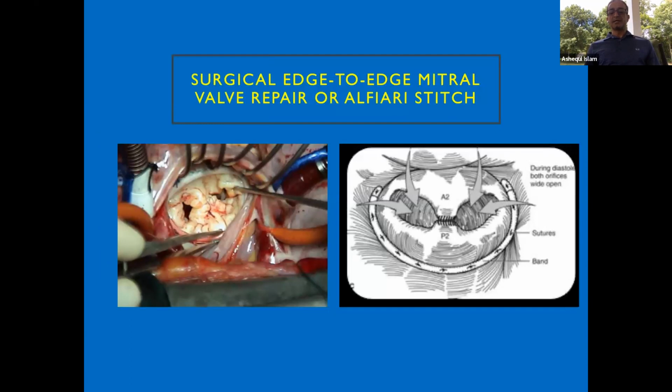I know we have a cardiac surgeon on the panel. The whole concept of MitraClip actually originated from the surgical procedure, the Alfieri stitch. Even these days, some surgeons still use this technique to approximate the anterior and posterior mitral leaflets to reduce the mitral annular dimensions and mitral orifice area.